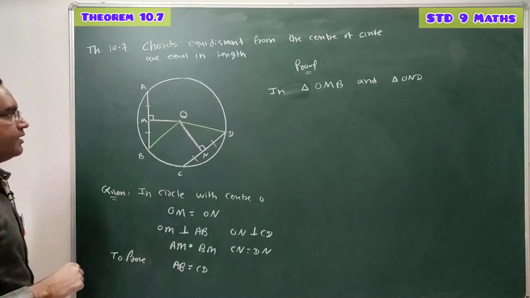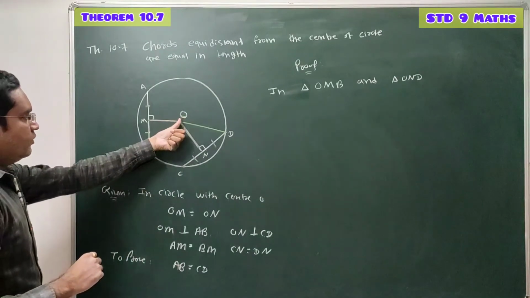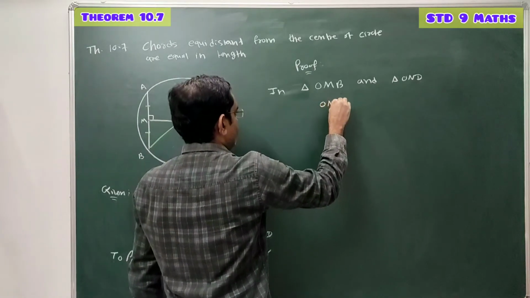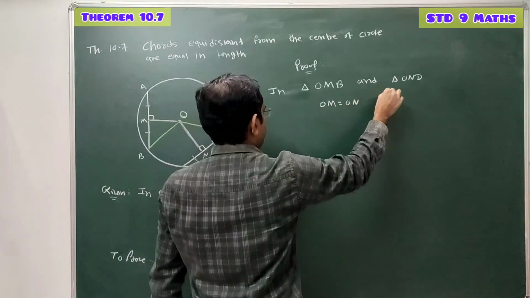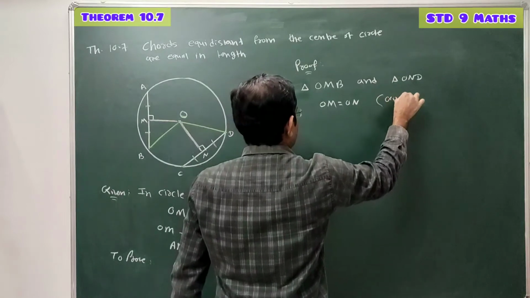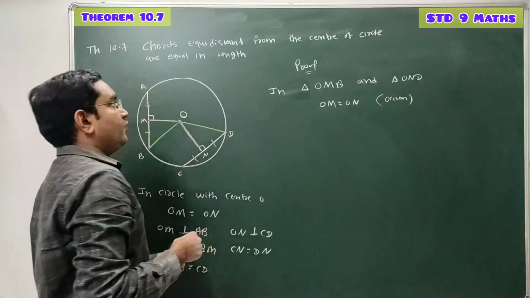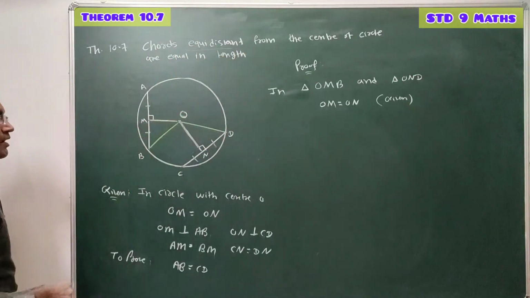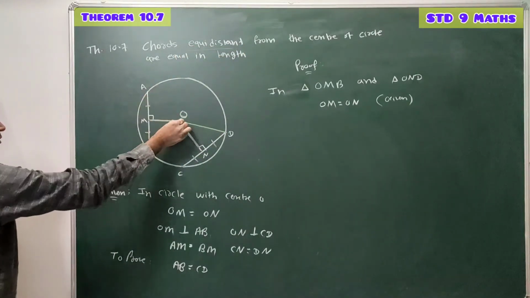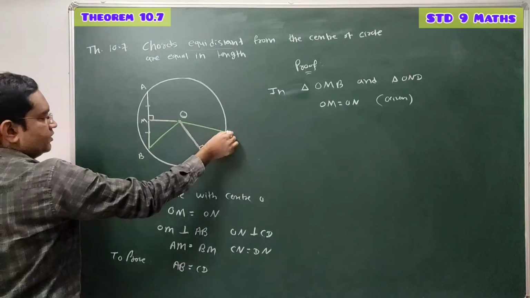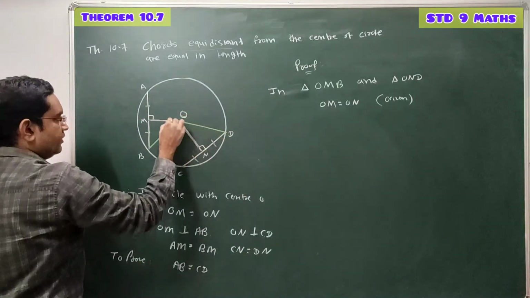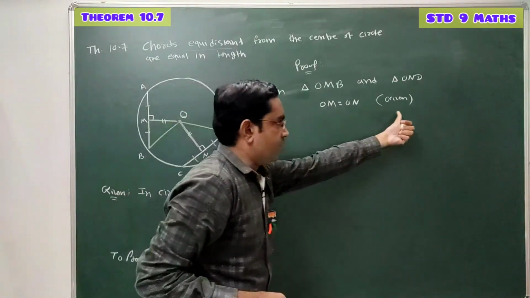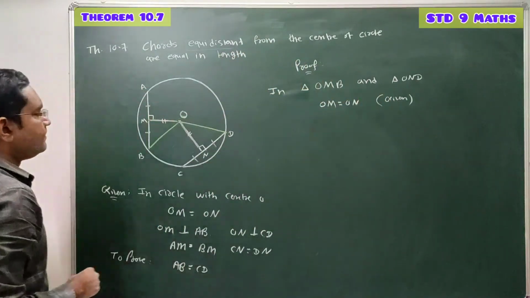Here, given OM equal to ON. This is given, in the sense of equidistance. The distance of chord AB from center O is OM, and the distance of chord CD from center O is ON. So these two distances are equal: OM equal to ON. This is given, equidistant.